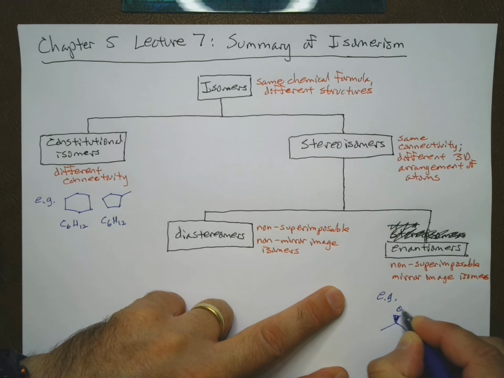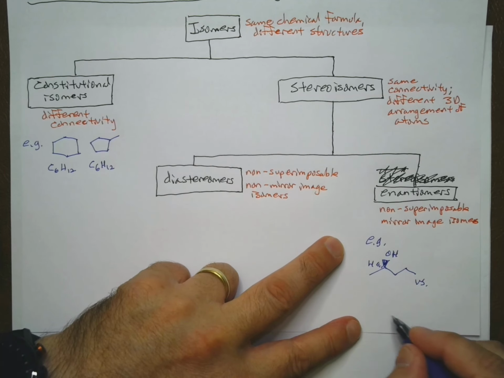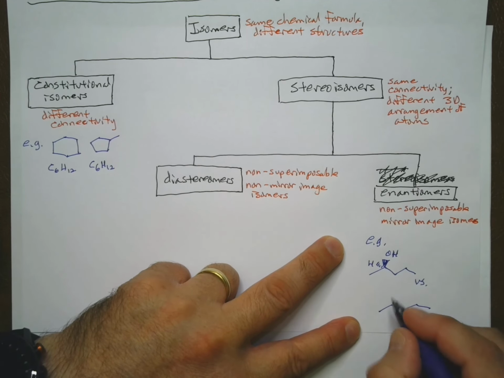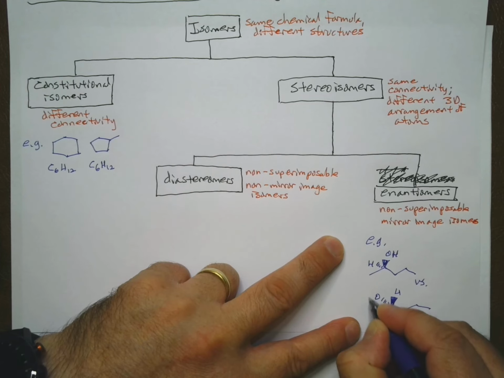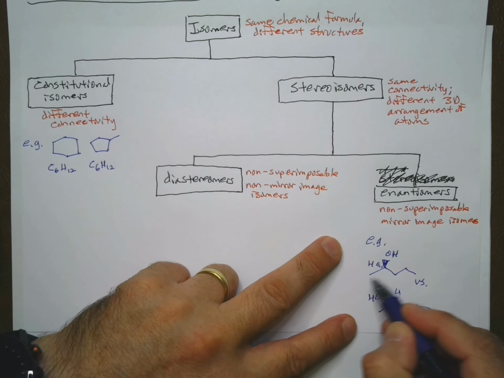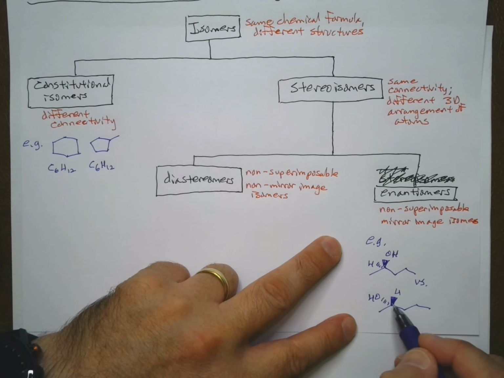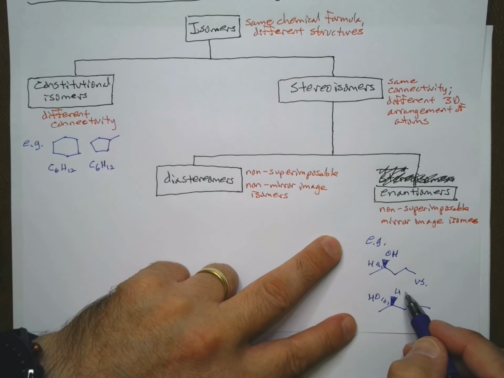There's a hydrogen hiding back there, versus 1, 2, 3, 4, 5, hydrogen in front, OH in the back. So that carbon is chiral. It's got a hydrogen, a methyl, an OH, and then a propyl group on it. So four different things. Here we have those same four different things, but now the H and OH are switched. So these are going to be enantiomers.